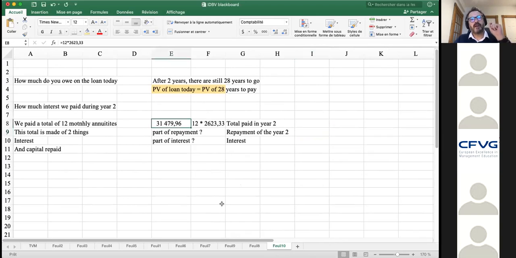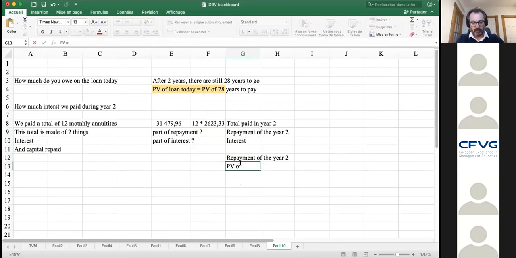Okay, so you pay a total of 31,479.96. This is made of interest and capital repaid. How would you know the detail of the part of the capital that is being repaid and the part of interest that are paid? The repayment of year 2 here, actually, what you can do is you calculate the present value of the loan after 1 year.